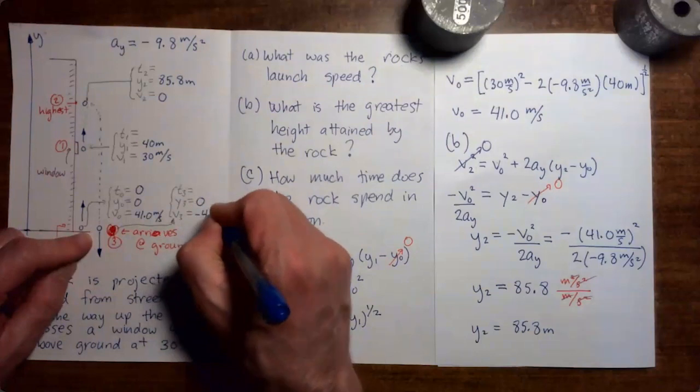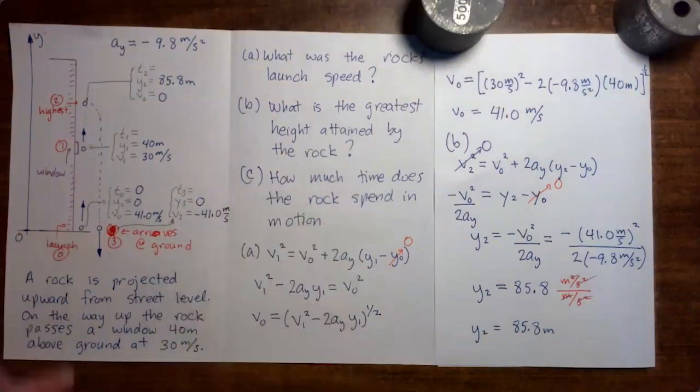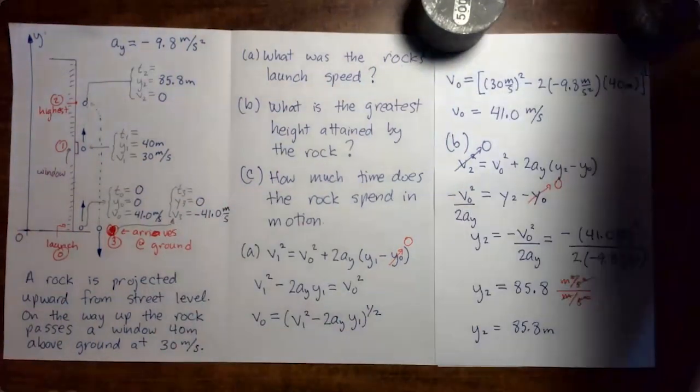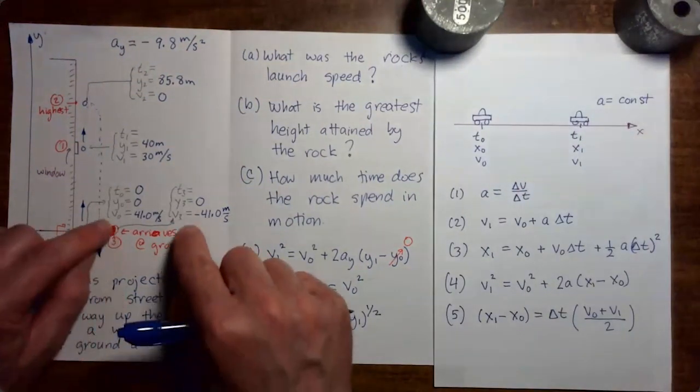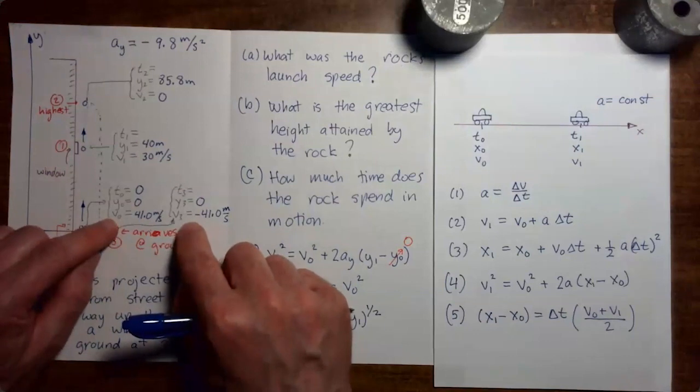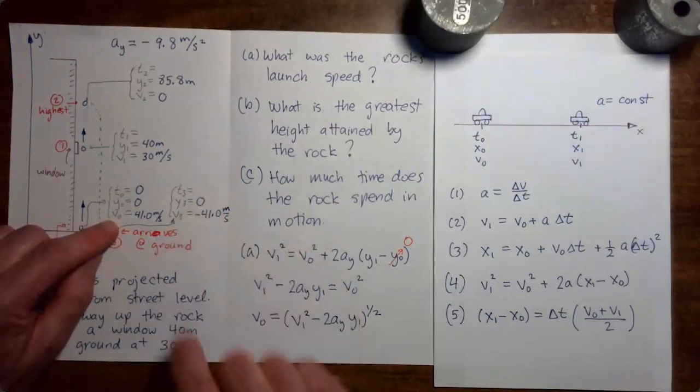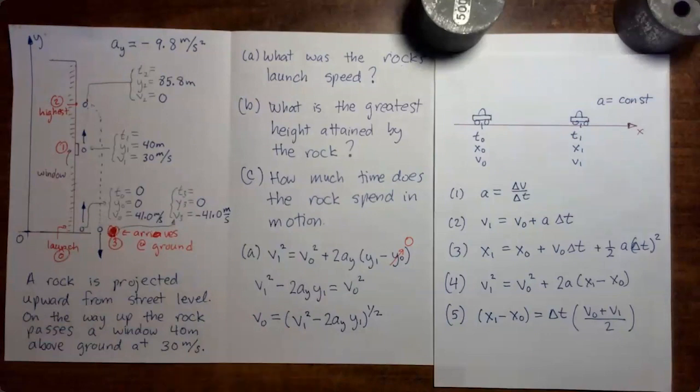In other words, same speed, opposite direction. With that, see if you can find an equation which connects moment 0 to moment 3, where the only unknown is time 3. So pause the video, give that a shot on your own, and then rejoin the video.